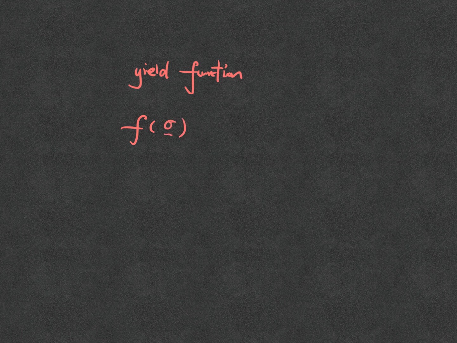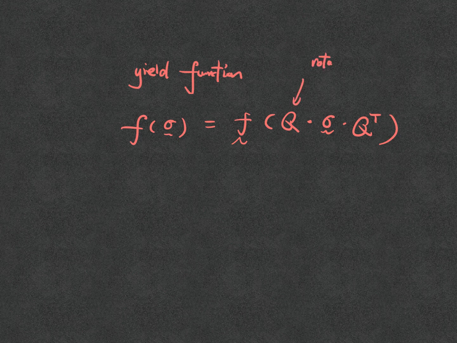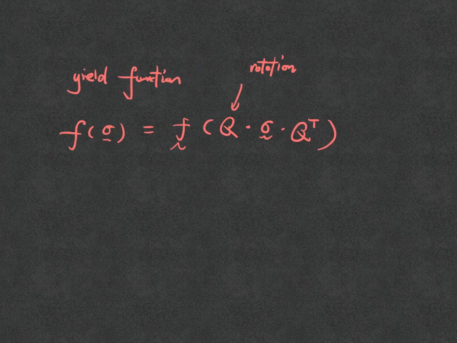Okay. Now, in general, what we want is that if I change the coordinate system, they are equal to each other. Does that make sense? Okay, so what is Q? Q is a rotation. It could be any rotation, like rotations in the special orthogonal group of 3 in the physical space.